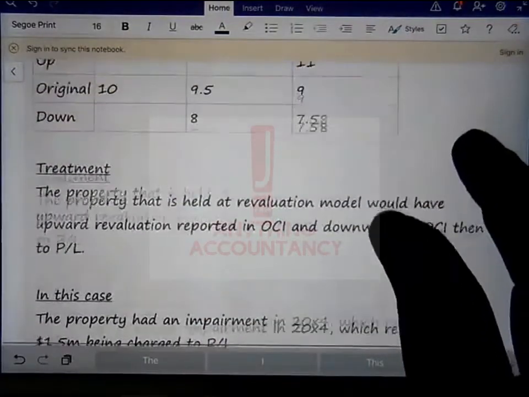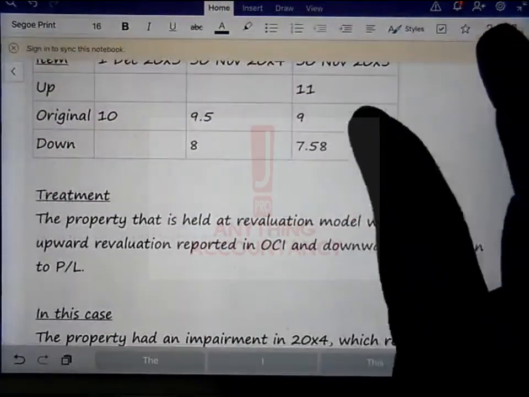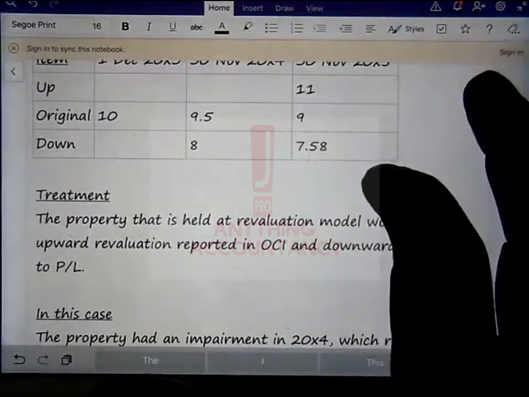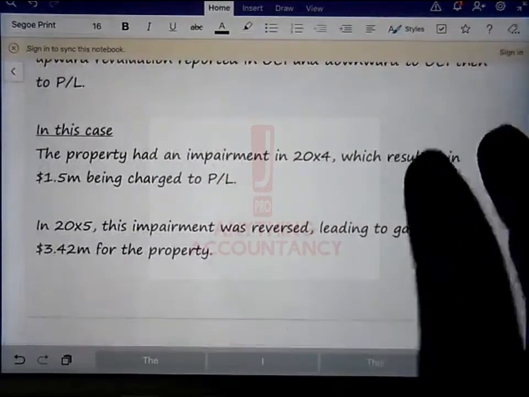So from here to here, how much? 7.5 to 9. 1.4.